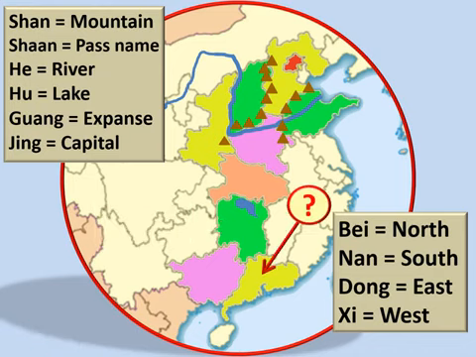The east side of the expanse? 广东. The west side of the expanse? 广西.